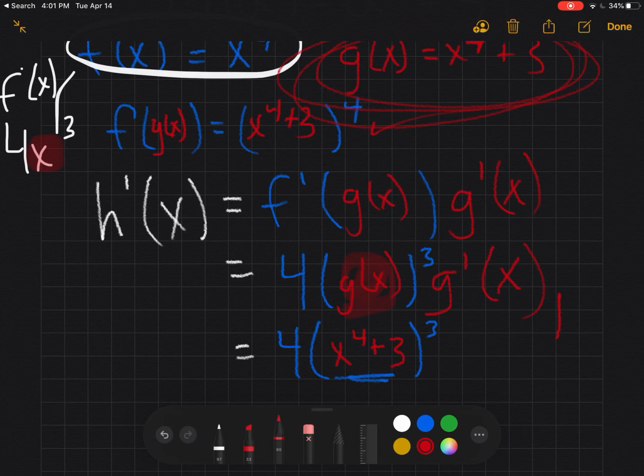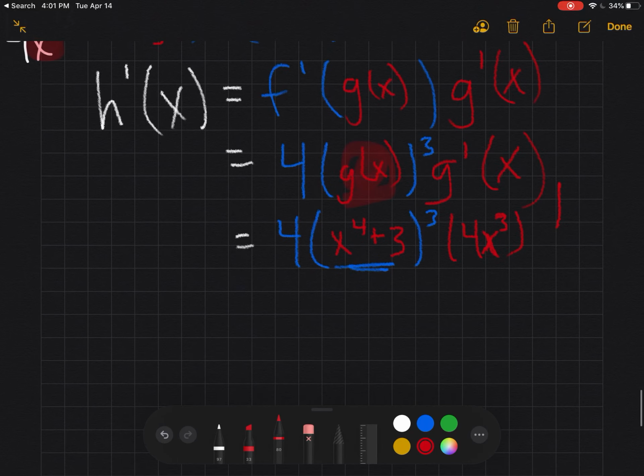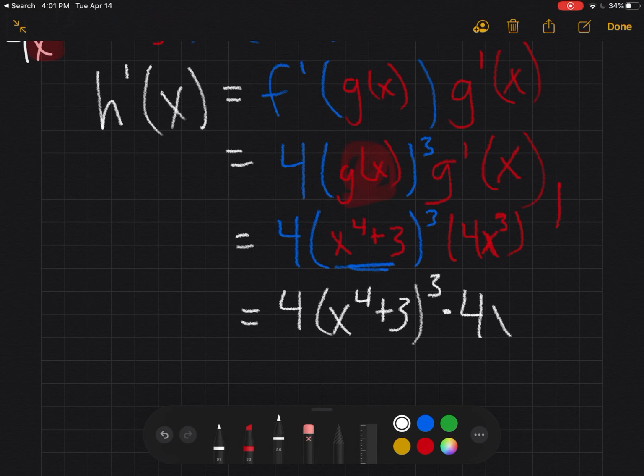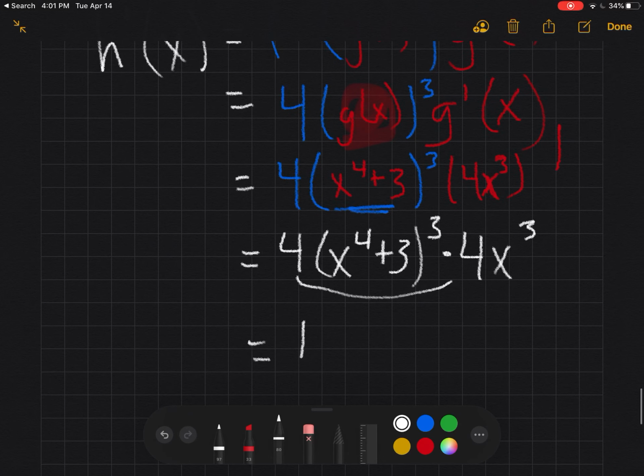So we're going to have here 4 times, and our g of x is x to the fourth plus 3 cubed, and times the derivative of this inside piece here, which will be 4x to the third power.